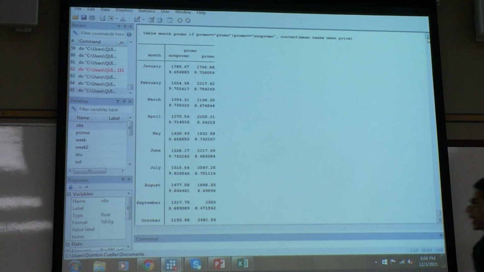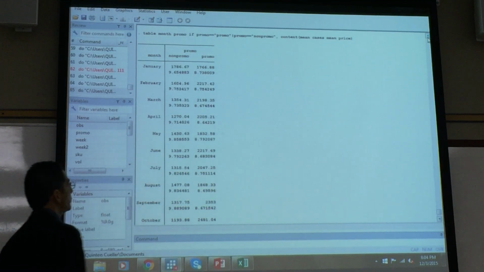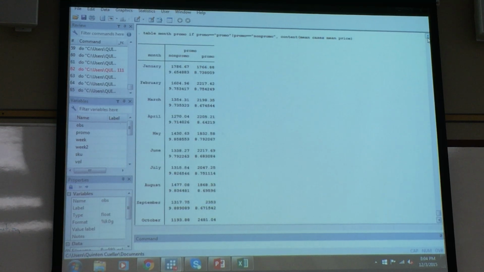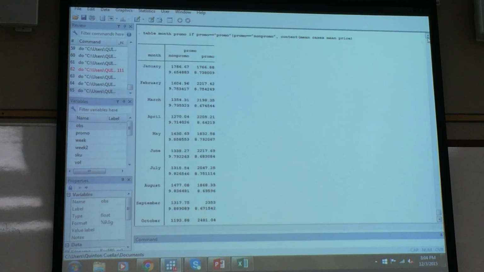So the quantities are all the same, but it's a testable hypothesis. When we promote, do we lower price? When they promote, do they lower price?